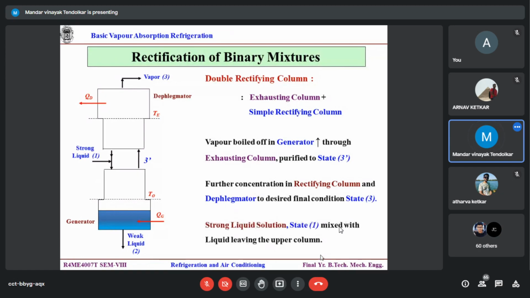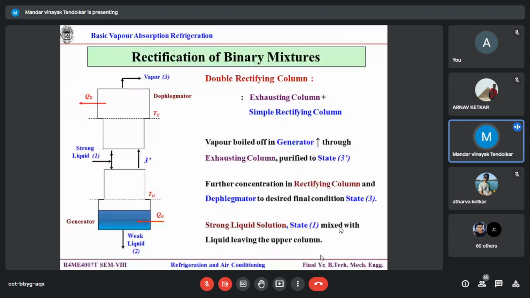Correct? So the strong liquid solution, state 1, let's say subcooled liquid, gets mixed with the liquid living in the upper column, and of course vapor also. That is why there is a heat transfer. So the liquid falling down, that is something which I want, the desired effect, liquid separation.